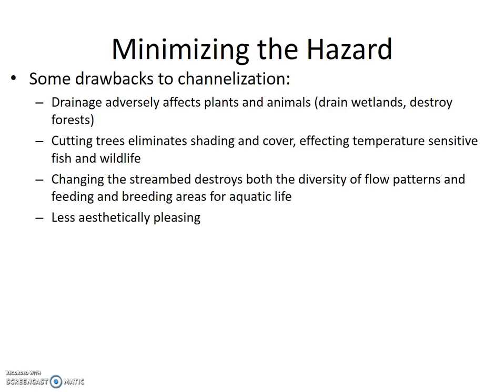Cutting trees eliminates shading and cover, affecting temperature-sensitive fish and wildlife. Changing the stream bed destroys both the diversity of flow patterns and feeding and breeding areas for aquatic life. And it is definitely less aesthetically pleasing.